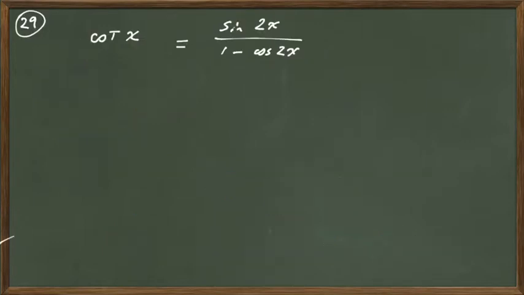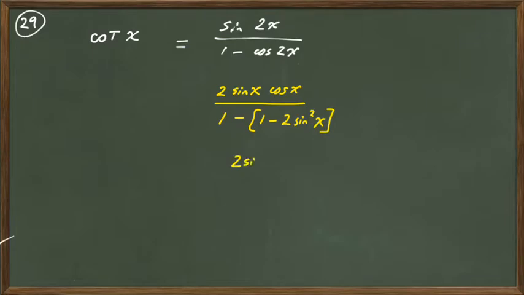When I see this problem, I kind of want to work on the right simply because I have identities for 2x's. Otherwise, I'd have to turn this into a 2x's. Sine of 2x I know is 2 sine x cosine x. And I know that cosine of 2x is 1 minus 2 sine squared.